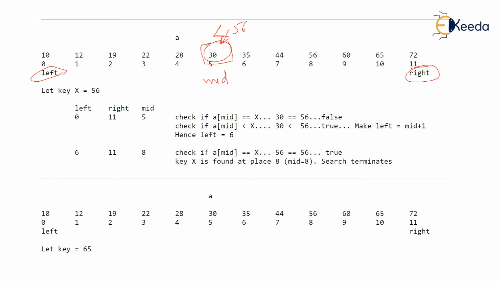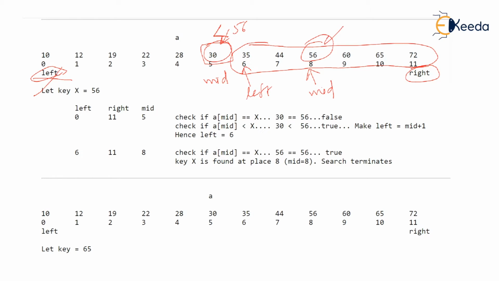So left happens to be 6. And for this left and right, we again find a new mid. New mid is 6 plus 11, that is 17 upon 2, which is 8. And now as we have got a new mid, we just ask that midpoint, is it storing X, that is 56? And it is. So the search terminates when the mid is 8.